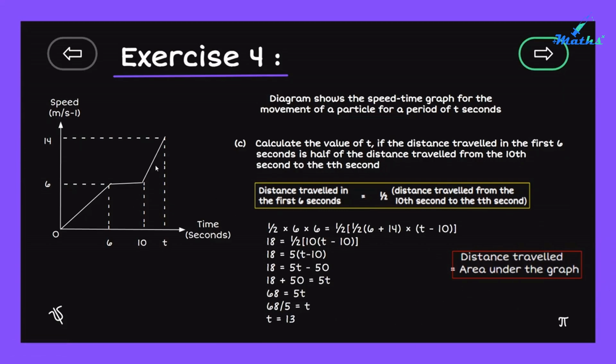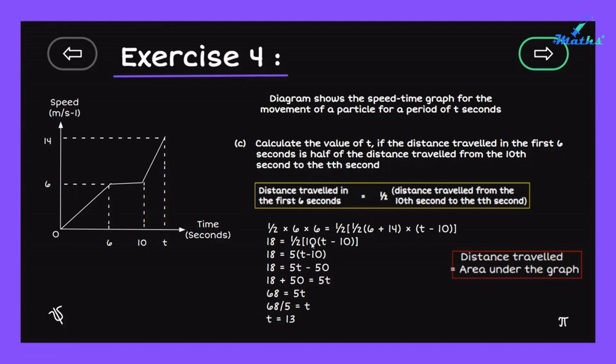So here is a triangle and a trapezium. For the triangle, 1/2 times 6 times 6, and this equals 1/2 of the other area, because we need to find t. The formula for the trapezium is 1/2 times (6 plus 14) times (t minus 10).